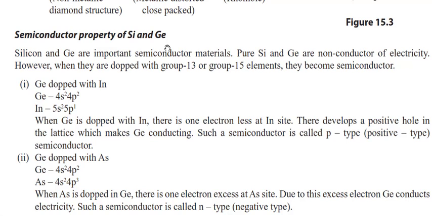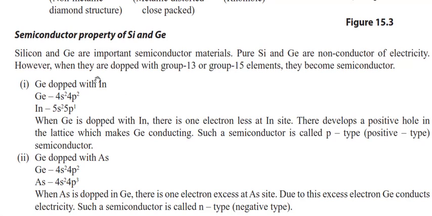If you add group 13 elements into silicon and germanium, you prepare a p-type semiconductor, whereas doping with group 15 elements gives extra electrons in your system, and it is known as n-type. Silicon and germanium are important semiconducting materials, and pure silicon and germanium are non-conductors of electricity. However, you can dope group 13 and 15 elements and make them semiconducting.